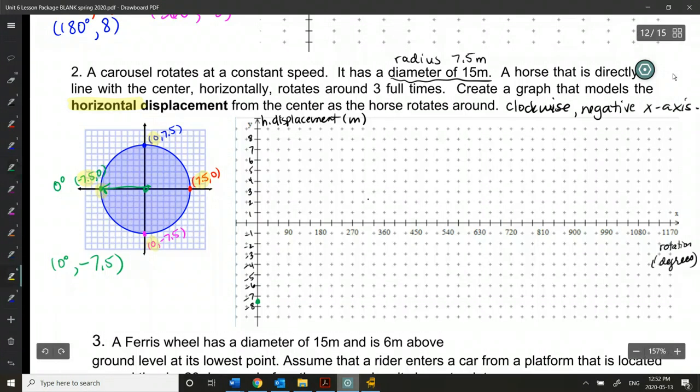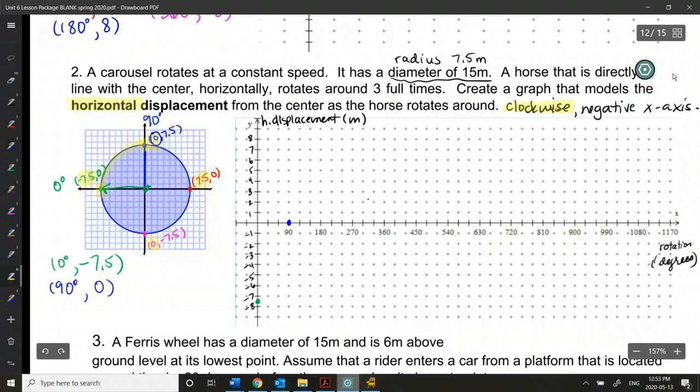Now, we are also rotating clockwise in this question. That's an extra little stipulation that I added there. So we're going to rotate this way. Now I've rotated 90 degrees from where I initially started, and I'm at a horizontal displacement of 0 meters. I am equal with the center horizontally here. So let's plot that point here, (90, 0).